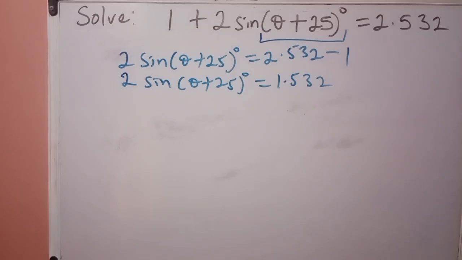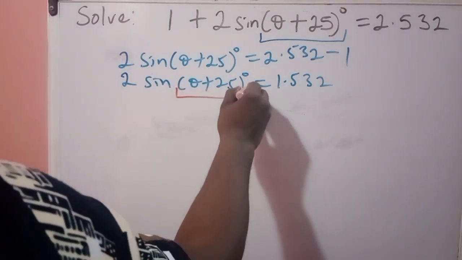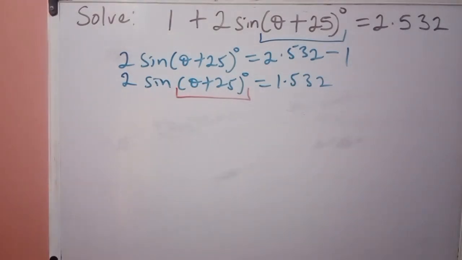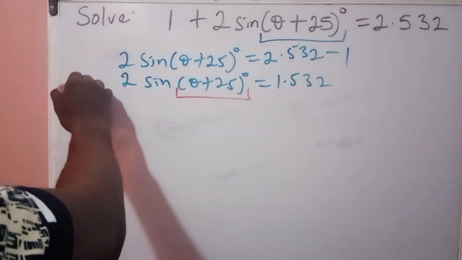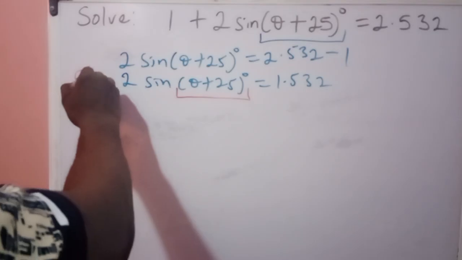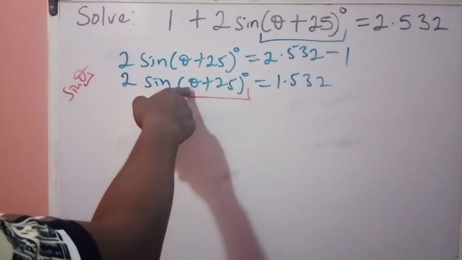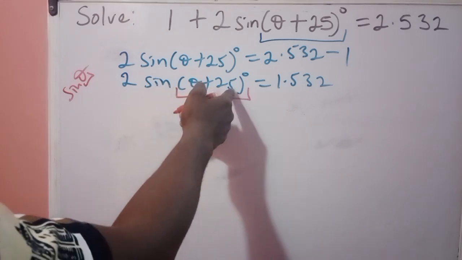Now, this is something I have to explain right here. This theta plus 25 is actually the whole angle for sine. So before we used to write sine theta, in this particular case, the angle was theta. But in this case now, the angle is not theta alone. The angle is theta plus 25.